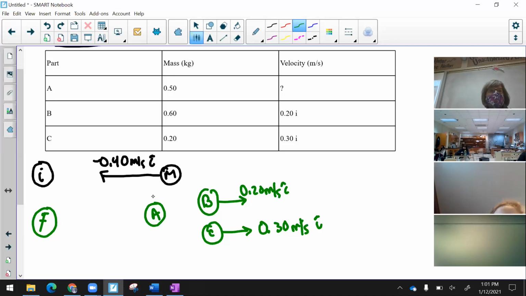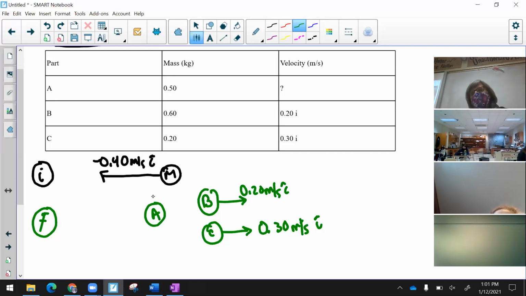Yeah. Okay, so everybody see that the initial momentum is all in the negative direction. Capital M, which is all of my parts together, is moving in the negative direction. So if the total momentum initially is in the negative direction, then the total momentum after has to be in the negative direction too.